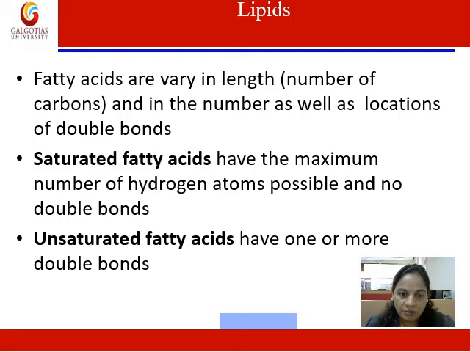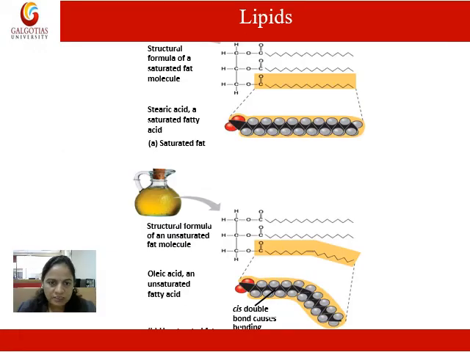Like in the diagram in the beginning, I have shown you the unsaturated and saturated fatty acids. Saturated fatty acids have the maximum number of hydrogen atoms possible and no double bonds are present. By name it is clear that it is saturated, having single bonds only. Unsaturated fatty acids have one or more double bonds present within the lipids. You can see the diagram here to get a clear idea.